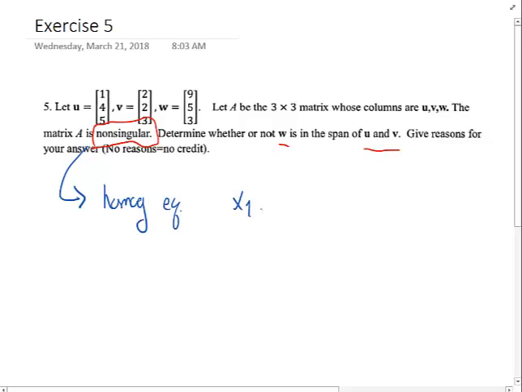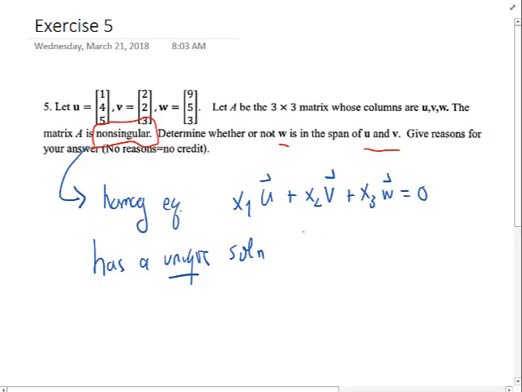let's say x1 times u plus x2 times v plus x3 times w equals 0, has a unique solution. And the unique solution is x1, x2, and x3 are all equal to 0. x1 equals x2 equals x3 equals 0.